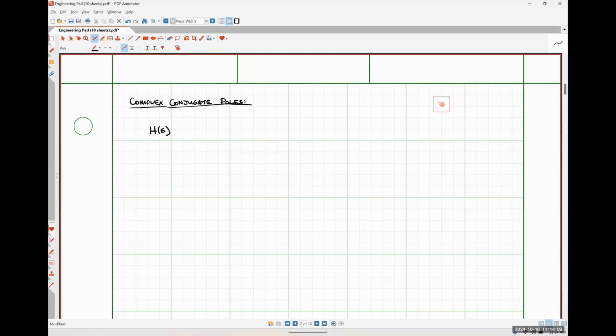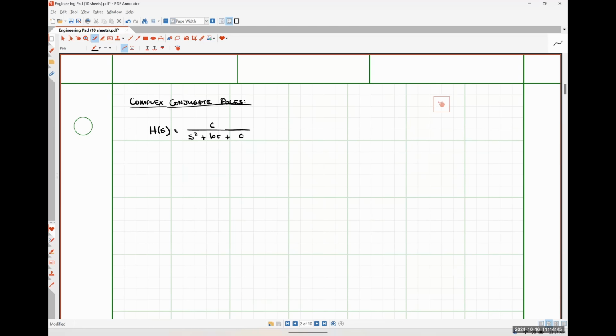h of s is equal to some arbitrary constant c, so that has nothing to do with capacitance, over s squared plus bs plus c. So I've got just a simple quadratic equation here in my denominator, right?